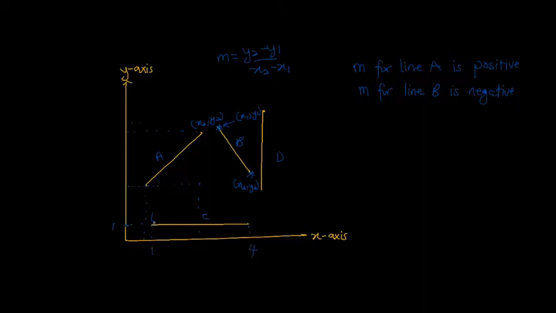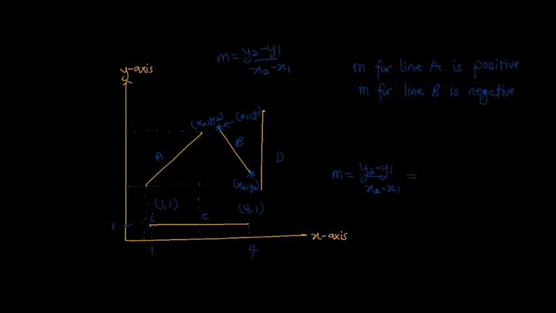So our coordinates here will be 1, 1, and then our coordinates here will be 4, 1. We have y2 minus y1 over x2 minus x1, and that will be our gradient for line C.